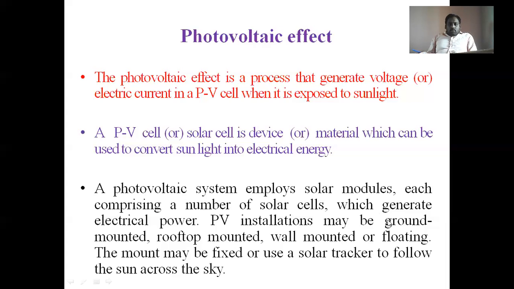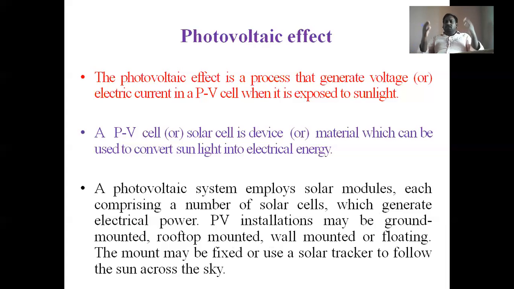on ground. PV installations may be ground mounted, rooftop mounted, wall mounted, or floating. These PV modules are fixed or otherwise can be rotated to track the sunlight from the sun.